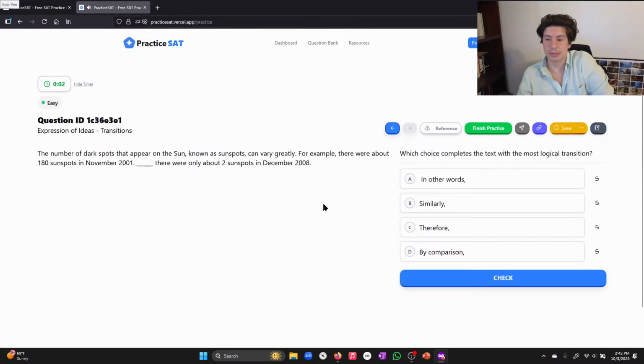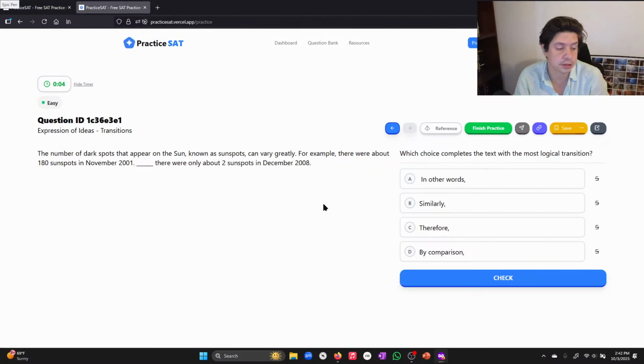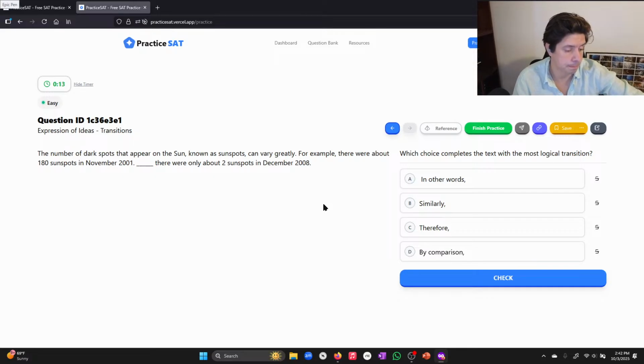Let's try this one. This is another transition one. Which choice completes the text with the most logical transition? The number of dark spots that appear on the sun, known as sunspots, can vary greatly.